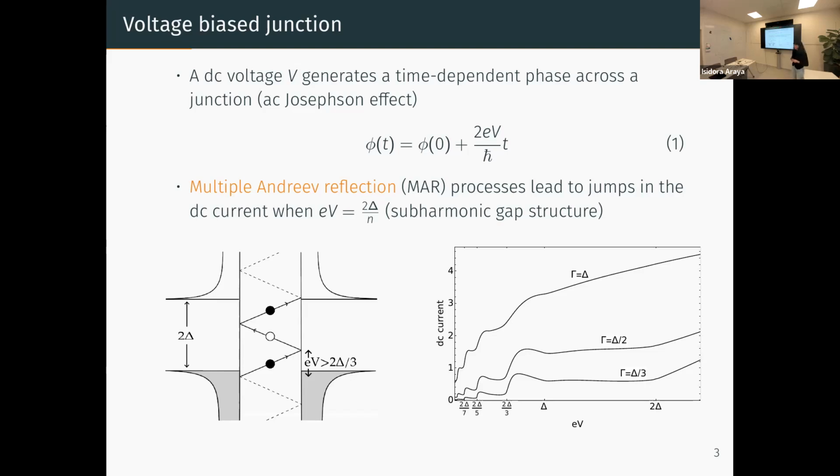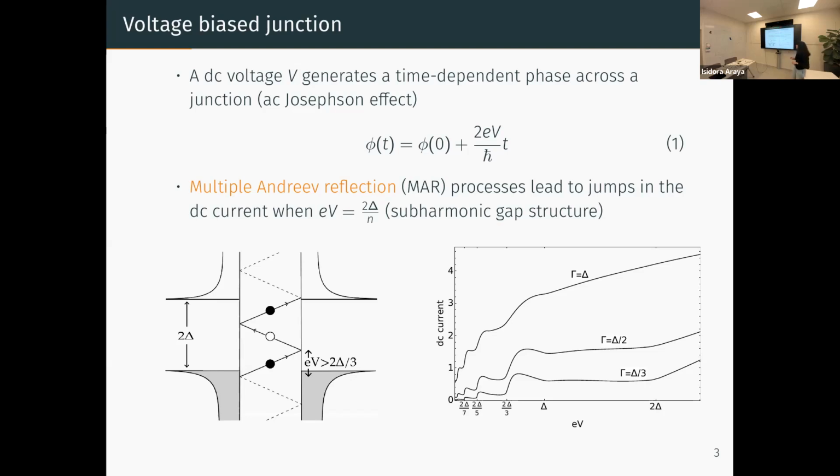Because now a quasi-particle can be reflected multiple times between the superconductors, and every time it is reflected, it gains energy because of the potential difference. So at some point, you'll have enough energy to overcome the superconducting gap, and then it will give a contribution to the DC current.